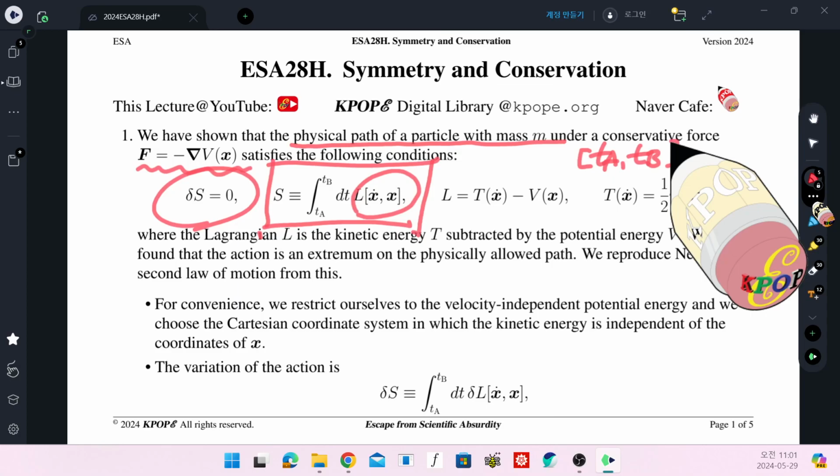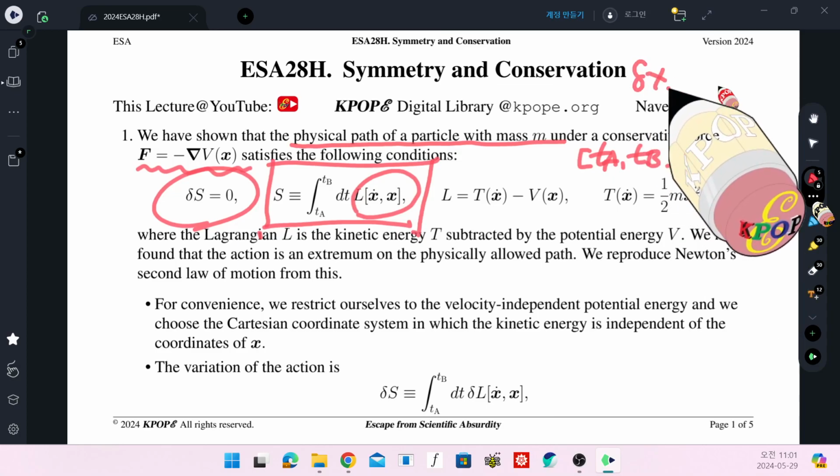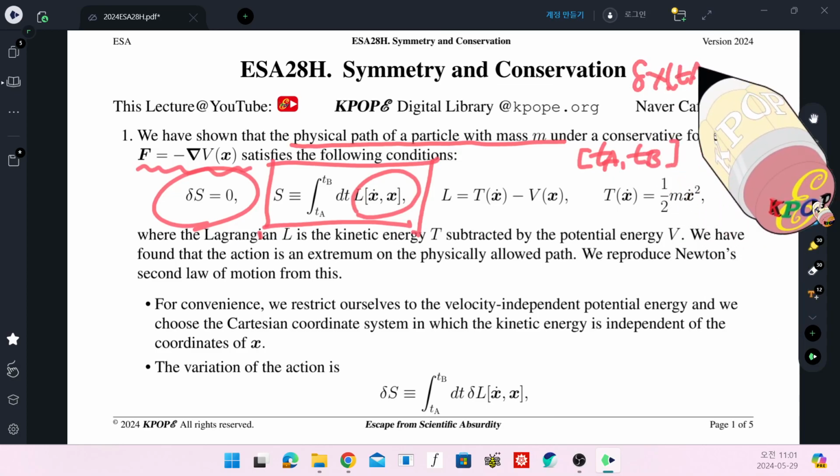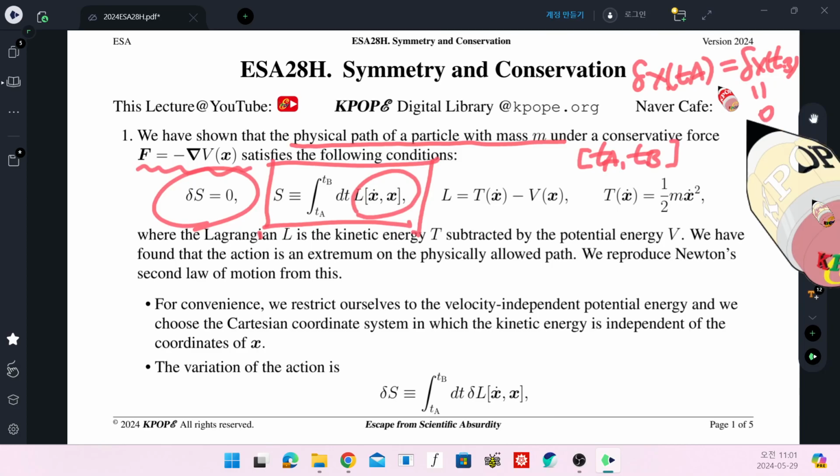And in case we vary the path from TA to TB to be unphysical, keeping delta x at TA and delta x at TB is 0, except that everywhere else can be modified from the physical value.